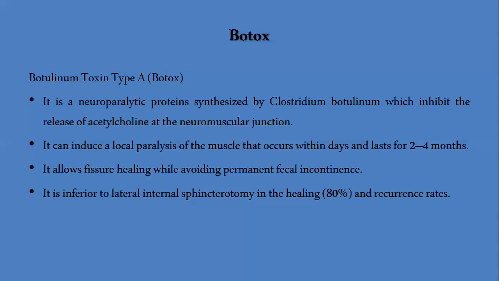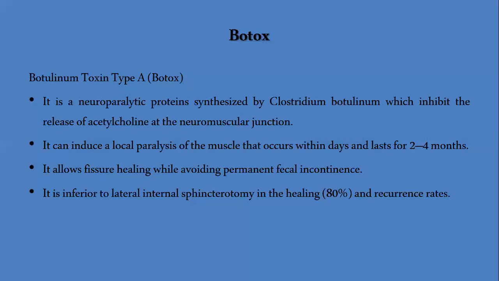Botox injection. Botox is botulinum toxin type A, a neuroparalytic protein synthesized by Clostridium botulinum, and this protein inhibits the release of acetylcholine at the neuromuscular junction. Through this mechanism, it causes a local paralysis of the anal sphincter muscle, starting from a few days and lasting up to 2 or 4 months.